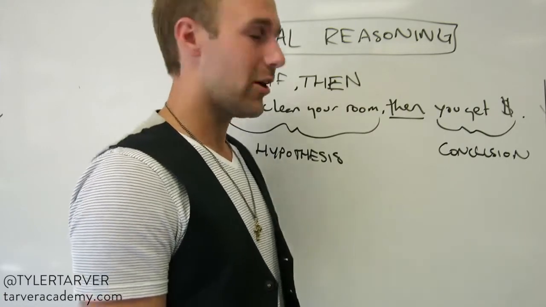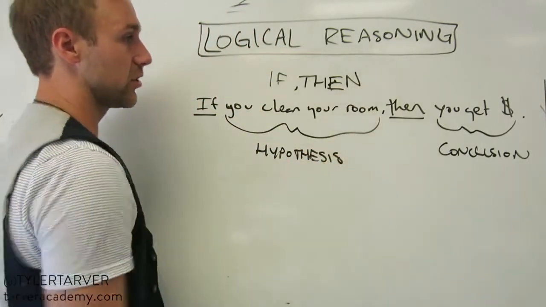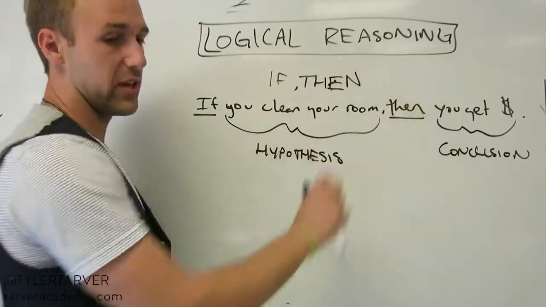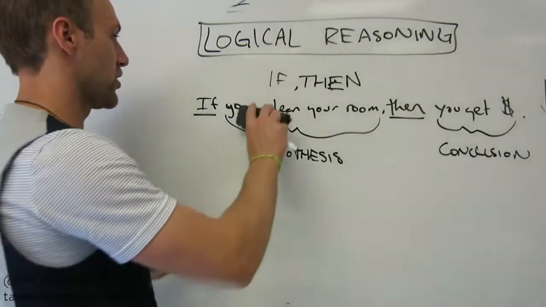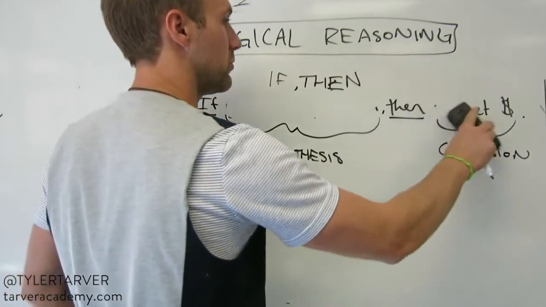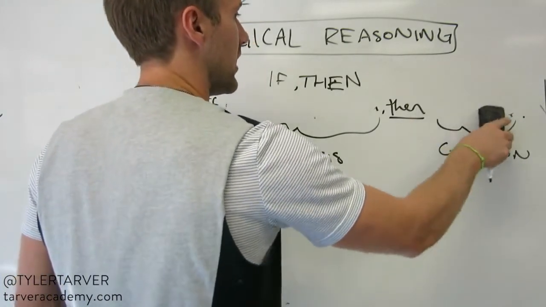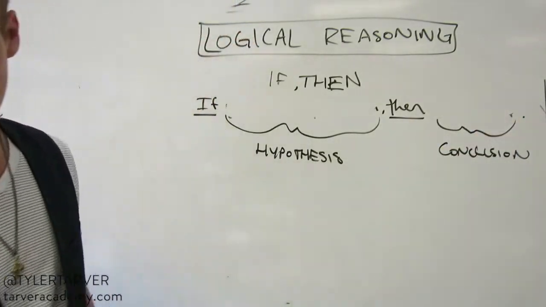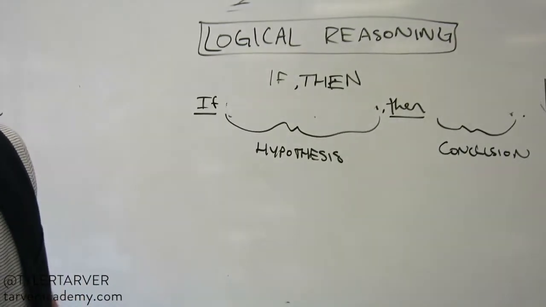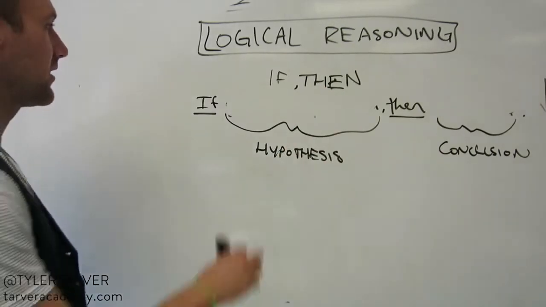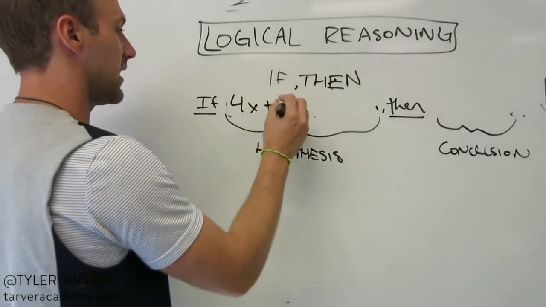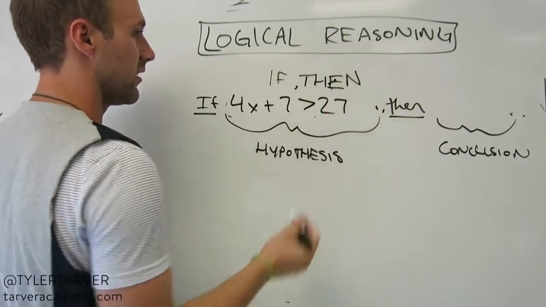You're learning about life. Okay, so hypothesis, conclusion. If we clean our room, then we're going to get money. All right? Let's try it with the math version. Let's say, if 4x plus 7 is greater than 27, then what?